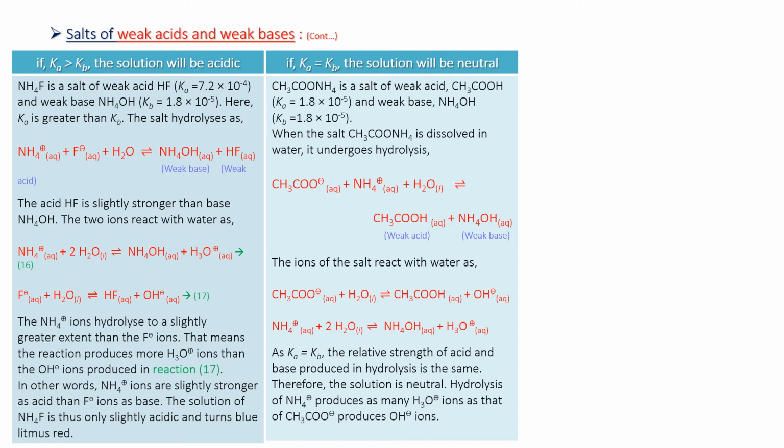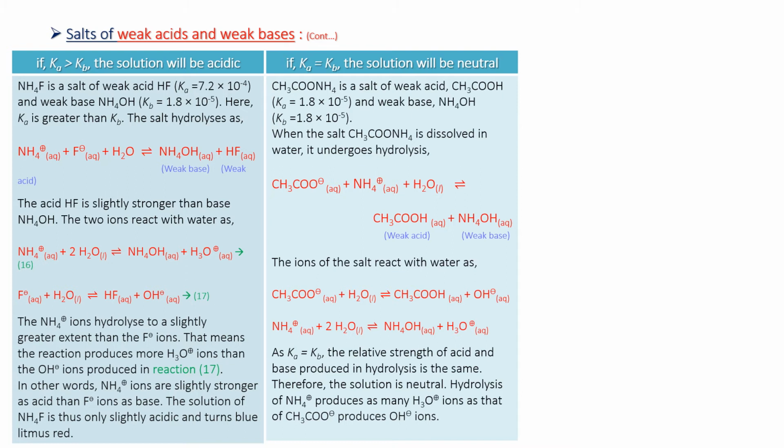It is made up of weak acid, that is acetic acid, whose Ka value is 1.8 into 10 raised to minus 5, and weak base, that is NH4OH, whose Kb value is 1.8 into 10 raised to minus 5. So in this case both Ka and Kb are equal. So now this CH3COO minus plus NH4 plus H2O gives you CH3COOH plus NH4OH.